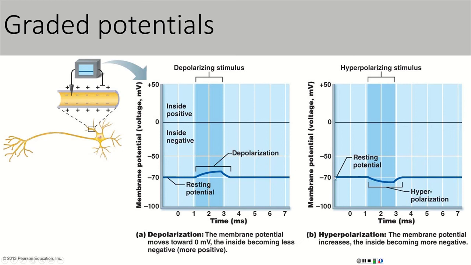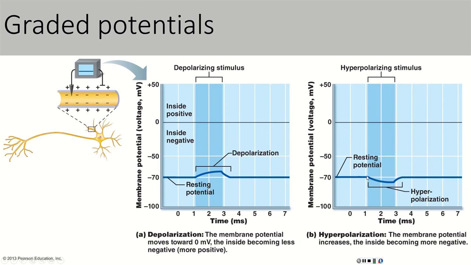On the other hand, if we make that membrane more permeable to something and it causes it to become more negative than at rest, we say that we are hyperpolarizing that membrane. Depolarization makes it less negative, closer to zero.